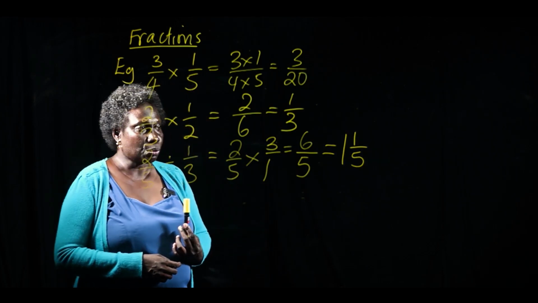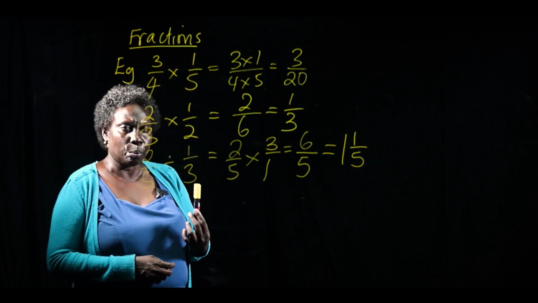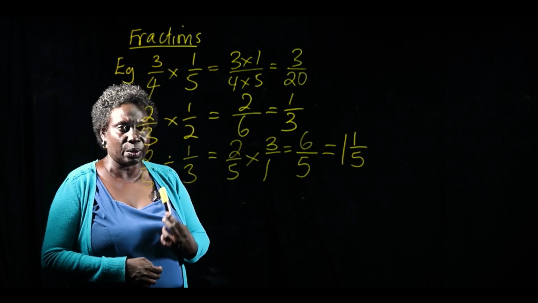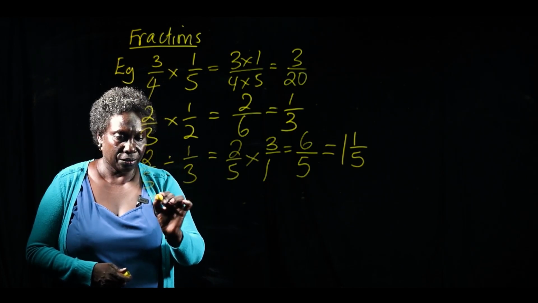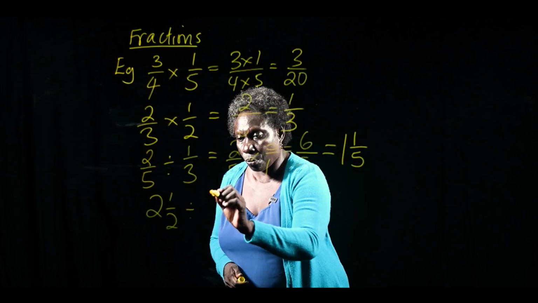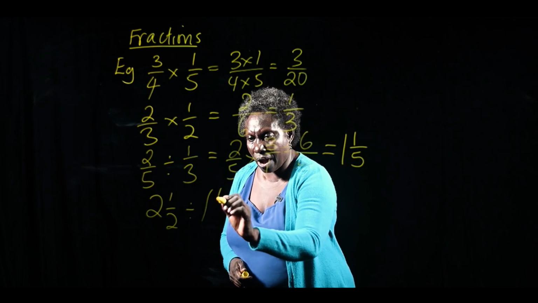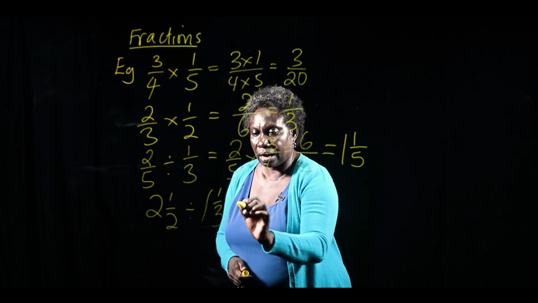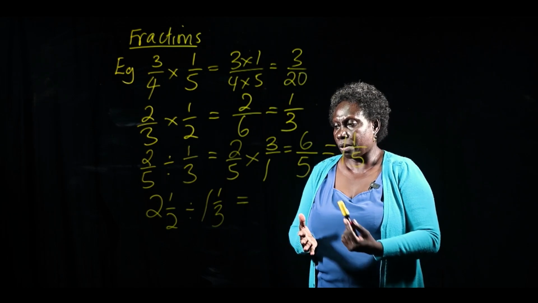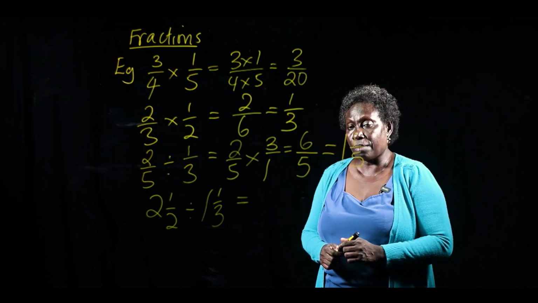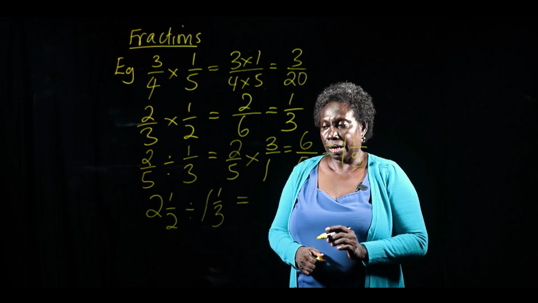Now, we are going to go to a little bit more complicated one where we are going to divide mixed numbers. Okay, let's see. 2 and 1/2 divided by 1 and 1/3. Now, when we are dividing or multiplying by a mixed number, we have to change that to an improper fraction.